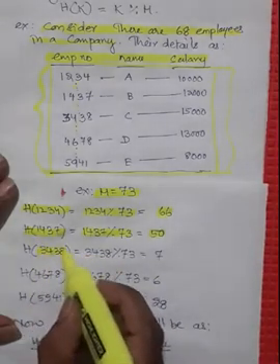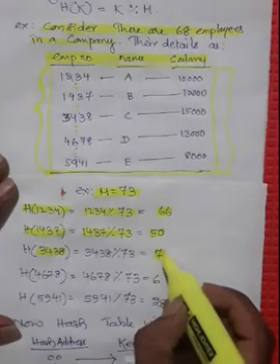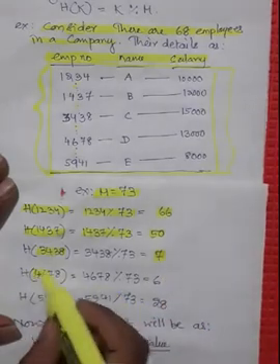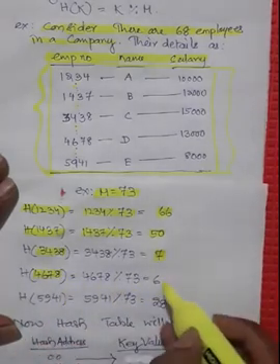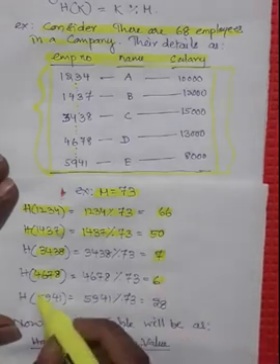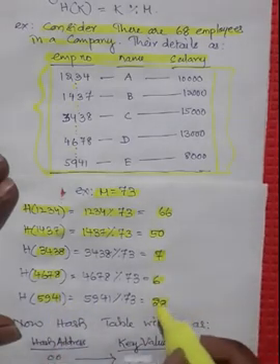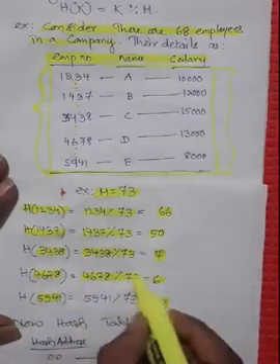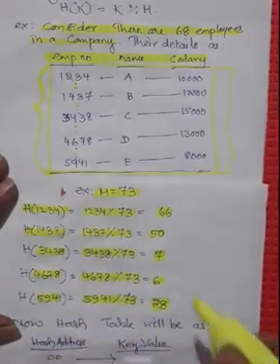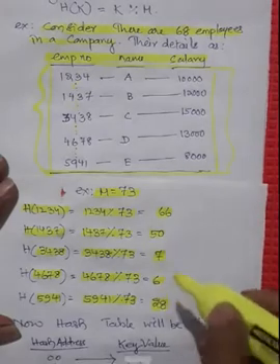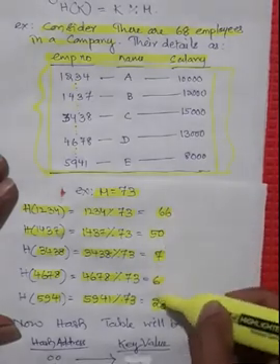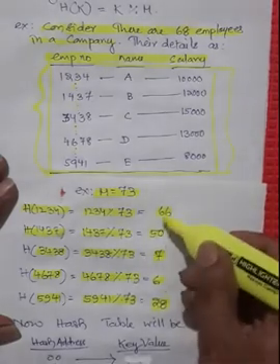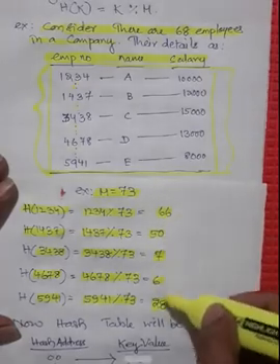Similarly, for this key value the address is 7, the remainder is 7. 4678, remainder is 6. 5941, remainder is 28. Have you understood what it means? For every key value we are dividing by 73 and finding the corresponding remainder. These are the remainders which we are considering as hash addresses.